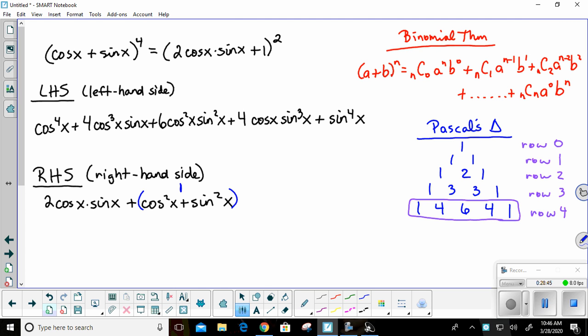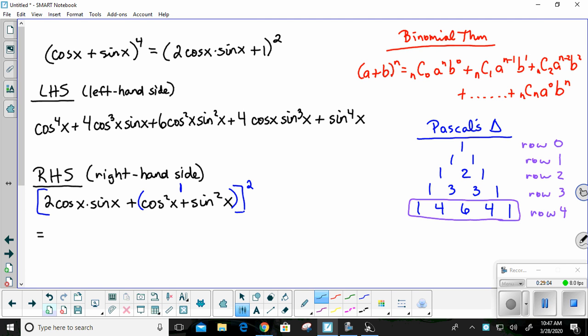Okay, and now the whole thing needs to be squared. So if you square all of that, here's what you get. Are you guys ready for this? It gets ugly as well. So here we go.